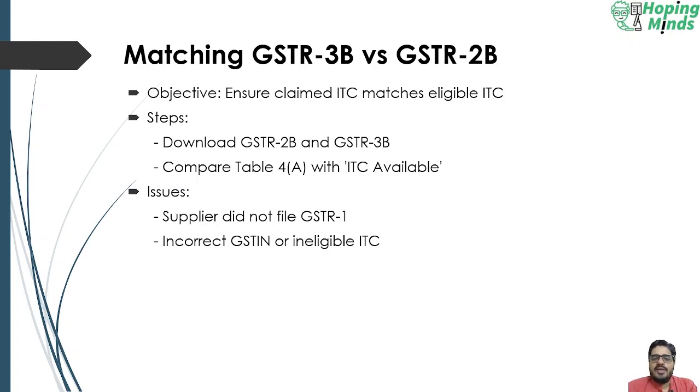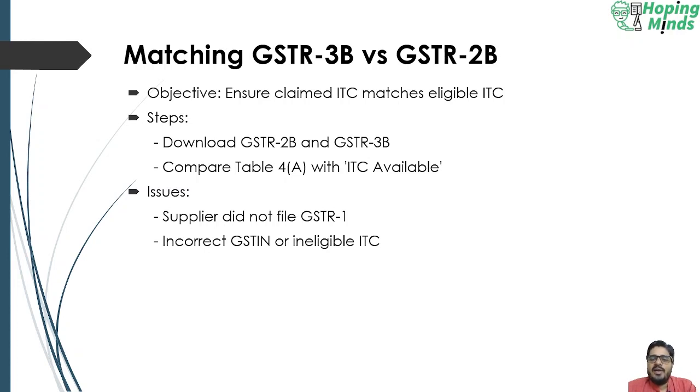So what will be the common reasons for mismatches? It will be supplier did not file or delayed in filing of GSTR-1 return. If the GSTR-1 return has been filed by the supplier belatedly, then it will not appear in the current period's GSTR-2B. It will appear in the subsequent period's GSTR-2B of the recipient.